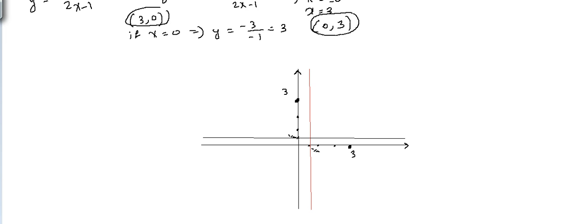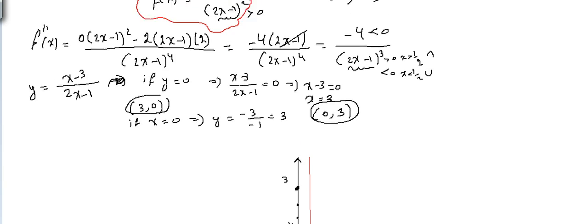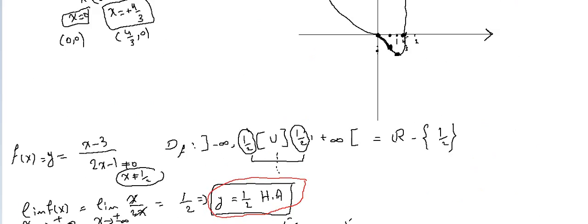What do we have here? Let's check the table of variation. It's important to have the table of variation in front of us. We didn't do the table of variation yet.